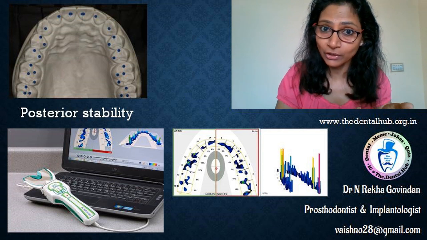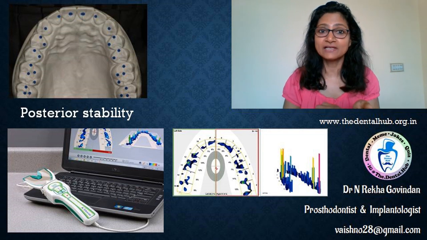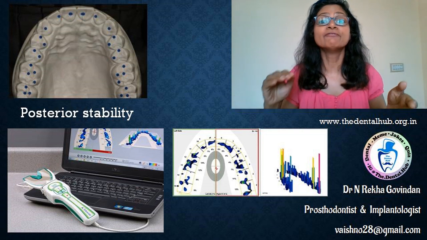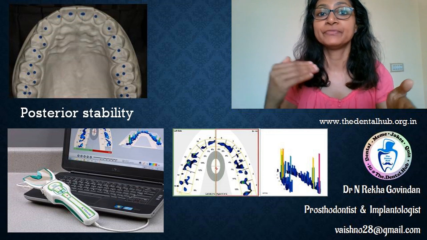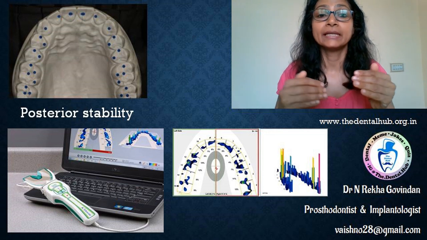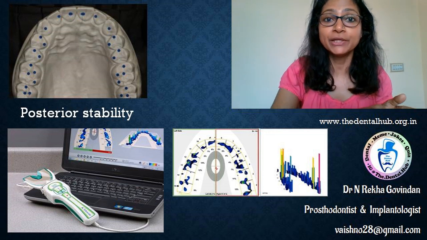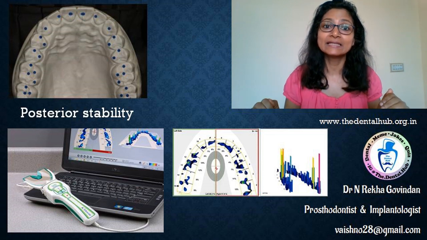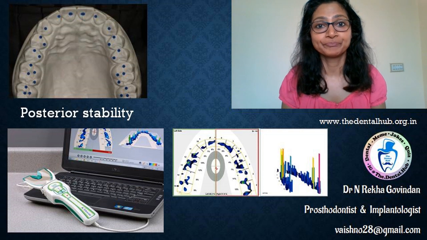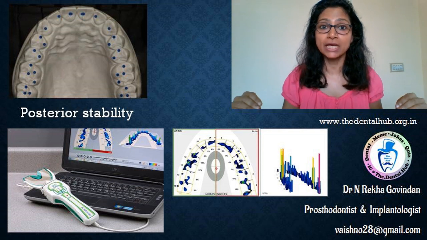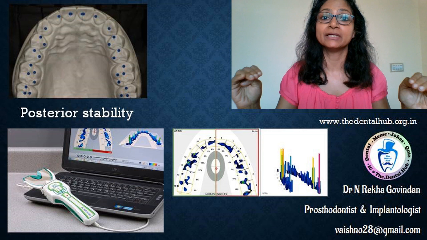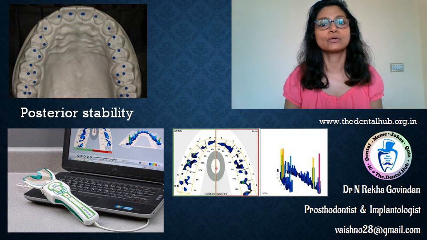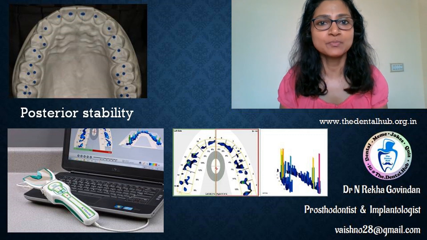This timing of contact, the area of contact, the surface area of the teeth which are in contact, and the force with which these surfaces come in contact. These three factors should be uniform, should be same across the arch. That maintains posterior stability. Okay, the cusp and fossae should be shaped such that all these factors are uniform across the arch. That ensures posterior stability.